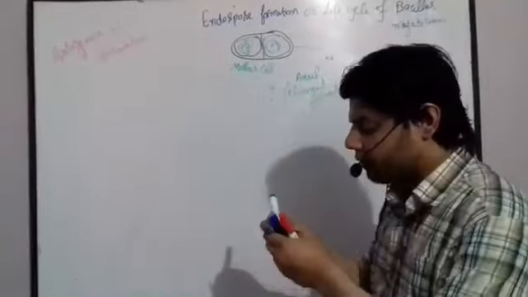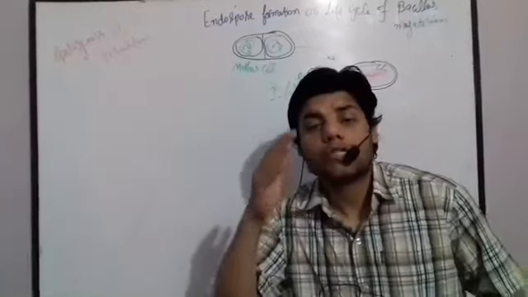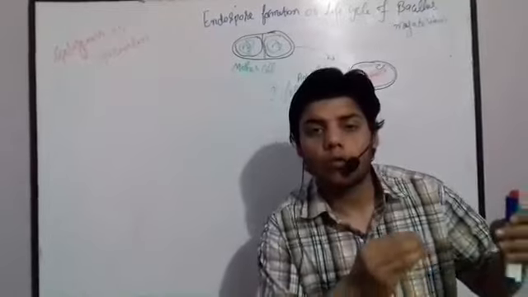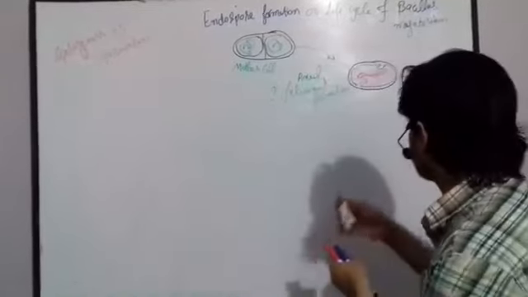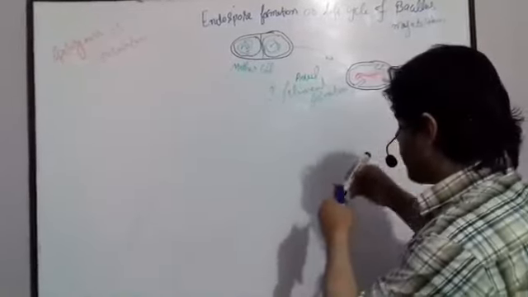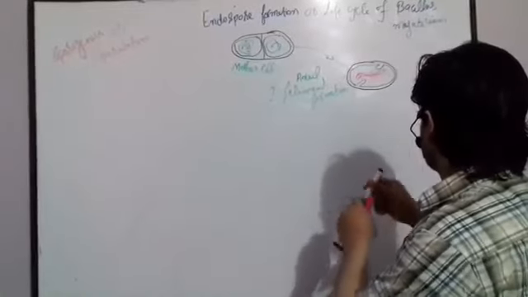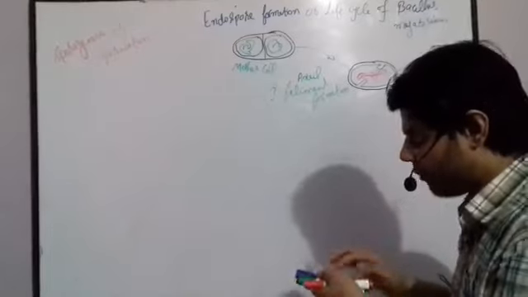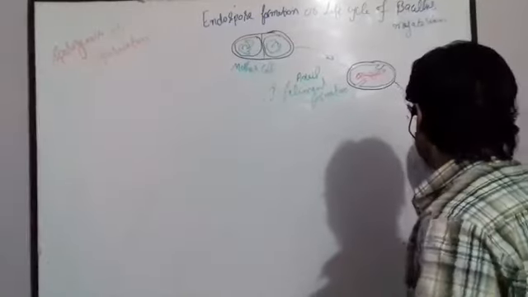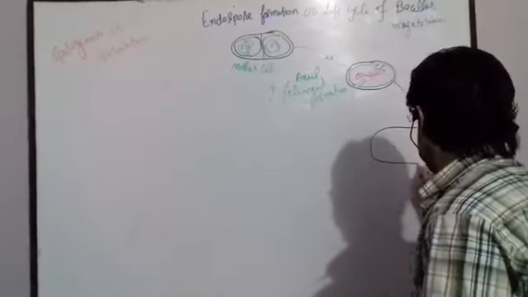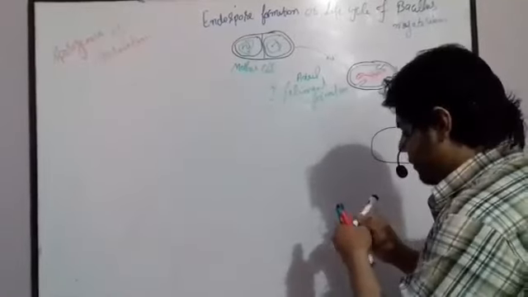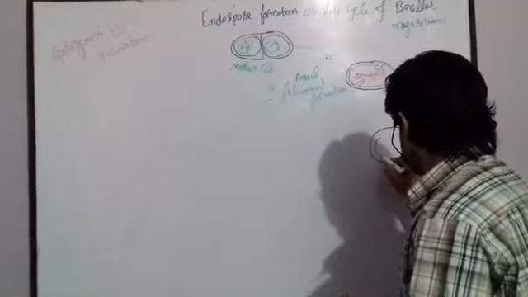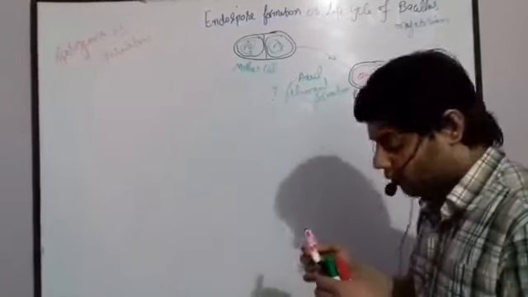After that, the septum is formed, or we can also call that forespore development occurs. So let me draw. In the next step, we have forespore development. Let's suppose again this is the bacterial cell, Bacillus megaterium, and we get this forespore.